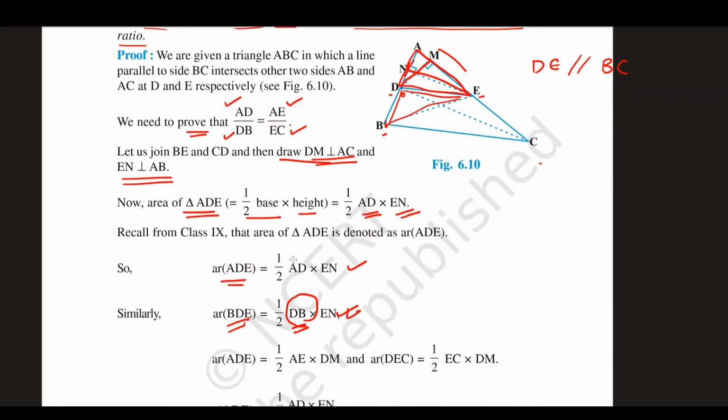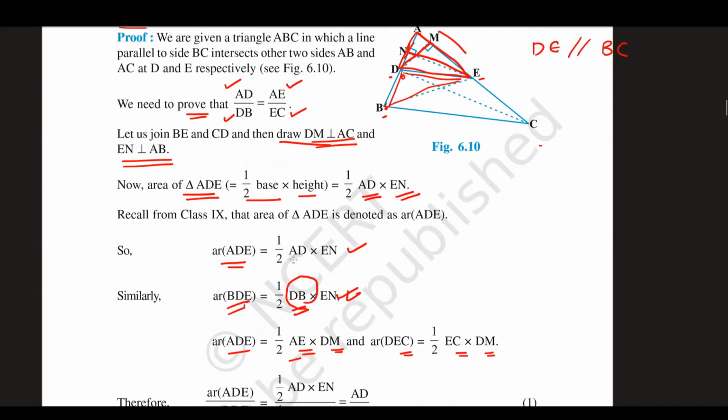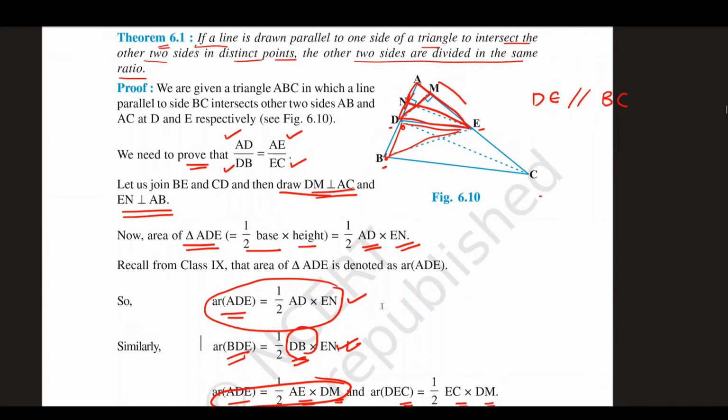So we can say that the area of ADE is half into AE into DM, and the area of DEC is equal to half into EC into DM. So we are just changing the names only.